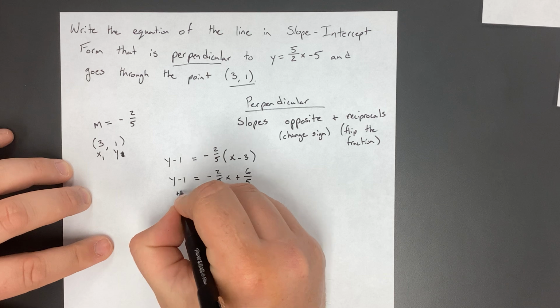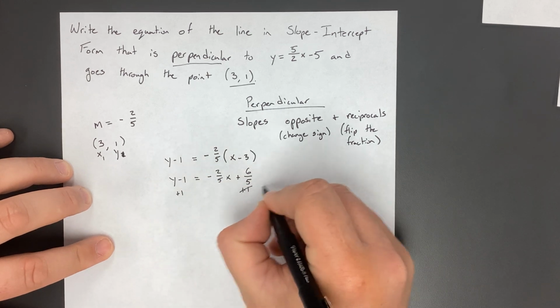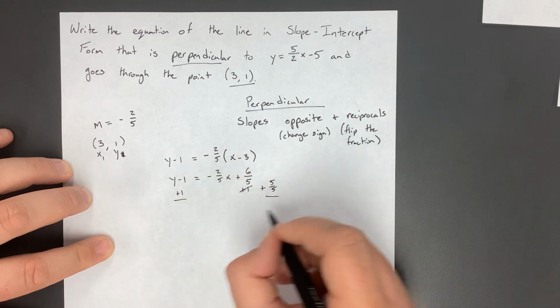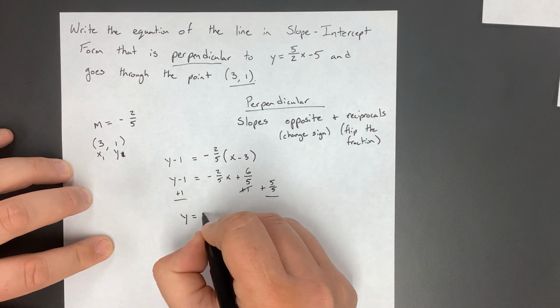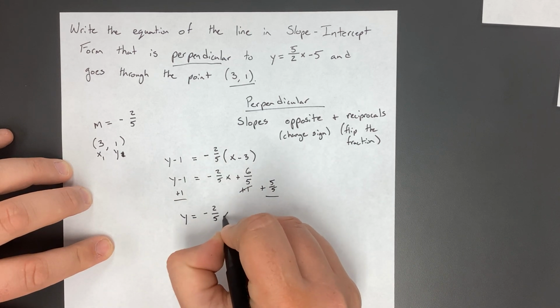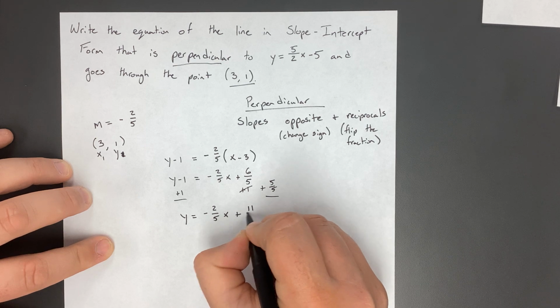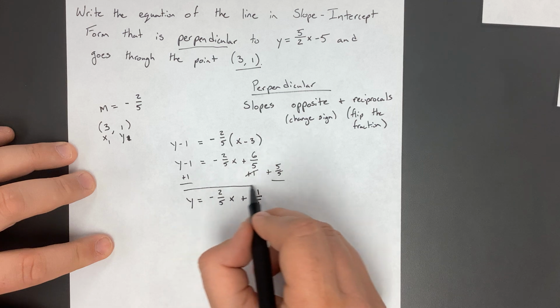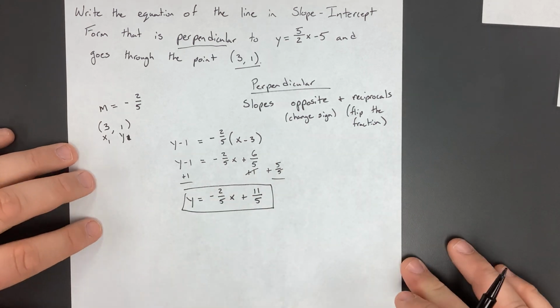And then we're going to add 1 to both sides, where our 1 has to look like 5 over 5 so that we have common denominators. So there's the equation for our line right there.